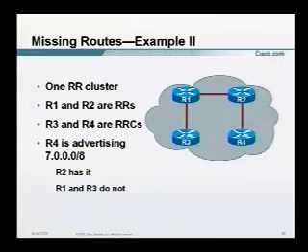A prefix that comes from one route reflector passes on to this one, and this one assumes that it's got a peering with R4, so it doesn't need to hear the prefix coming from R2. That's a very common problem, people trying to set up route reflectors this way.